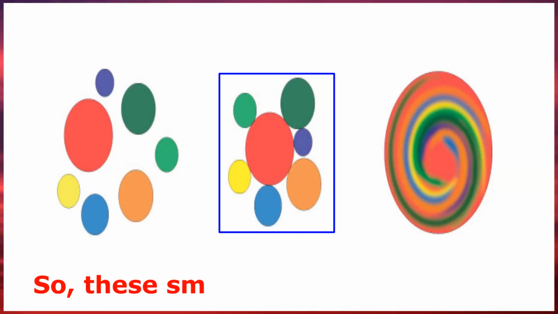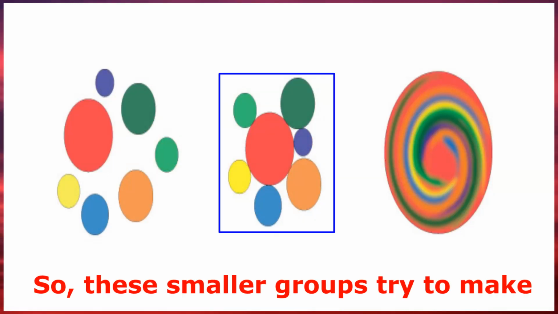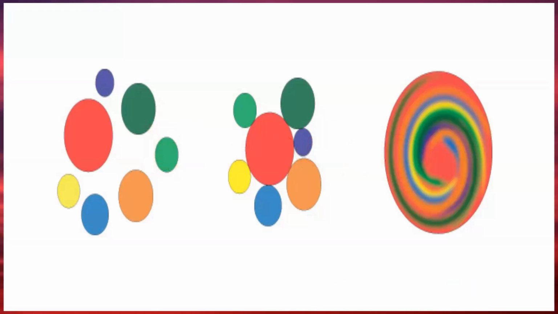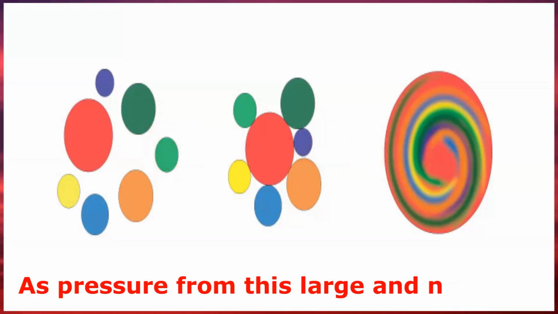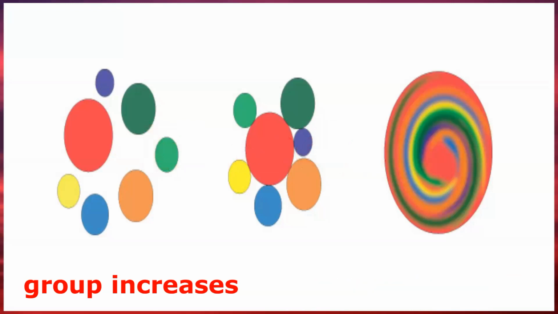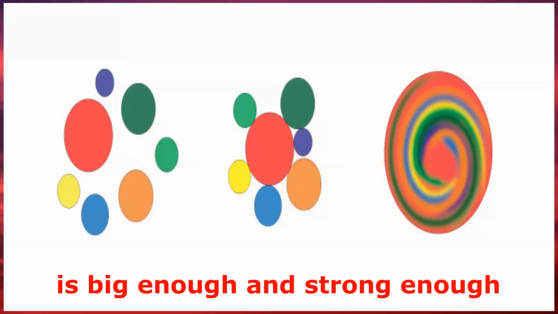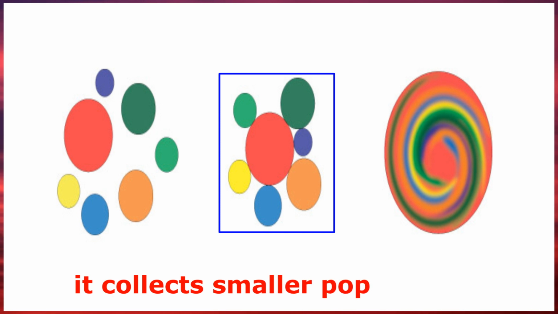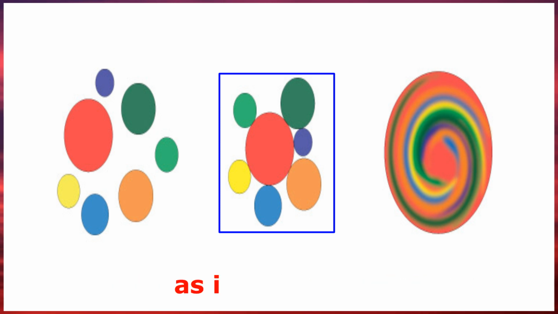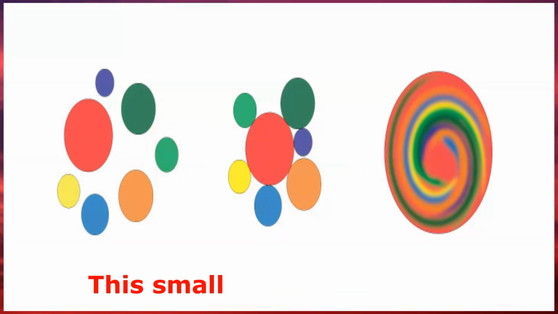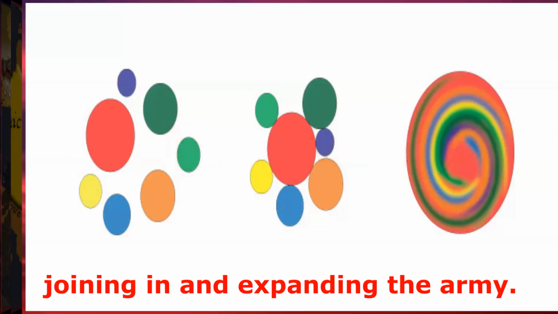So these smaller groups try to make friends with the larger group. As pressure from this large and nomadic group increases, if this nomadic horde is big enough and strong enough, it collects smaller populations as it goes along. This smaller group ended up joining in and expanding the army.